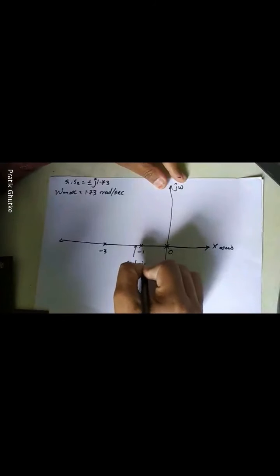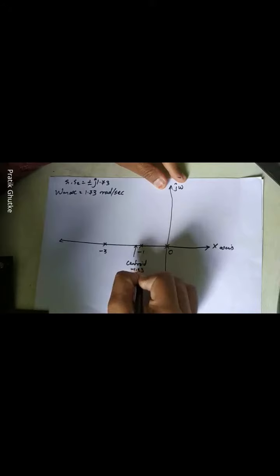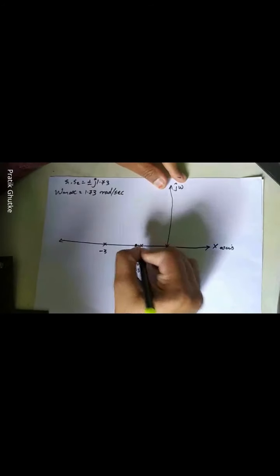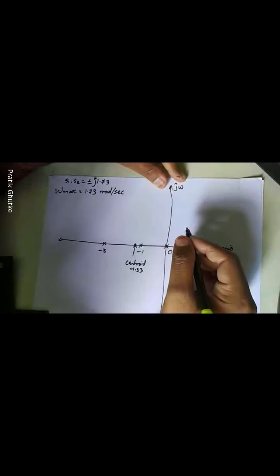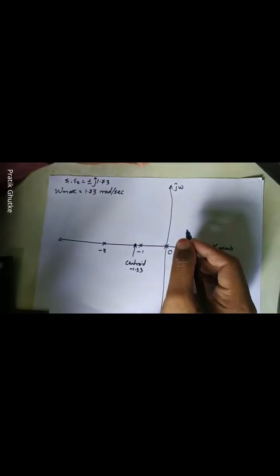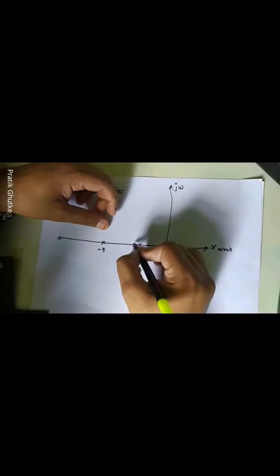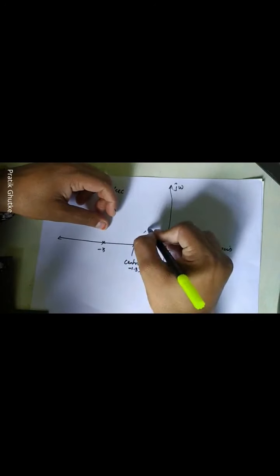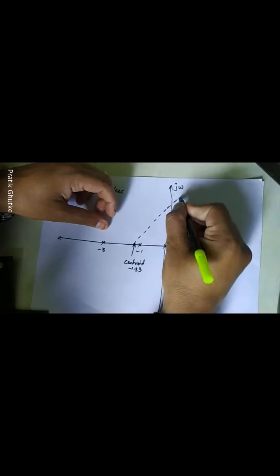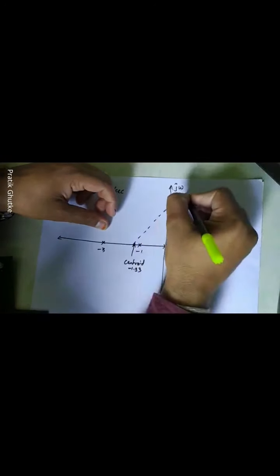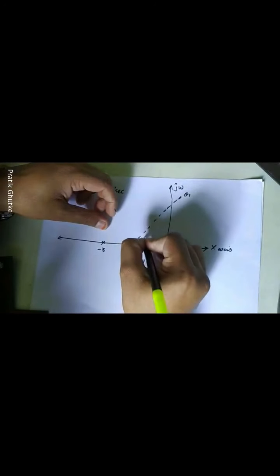From the centroid, I have to plot the angle of asymptotes. What was my first angle of asymptote? 60 degree. So keep the protractor on your centroid, that is -1.33, and mark the 60-degree angle. It will be coming like this. So name here theta 1 and write here 60 degree.